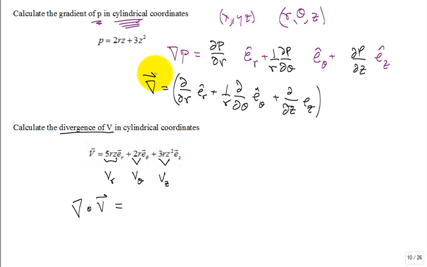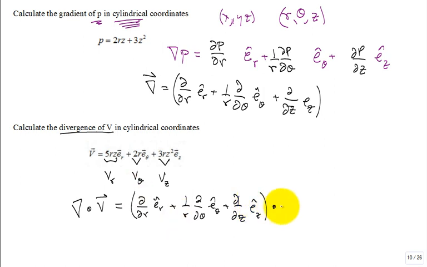Hence, we would just put that formula down, dotted with v sub r, e sub r, plus v sub theta, e sub theta, plus v sub z, e sub z. I think if you break it down that way, it's a lot easier, true?